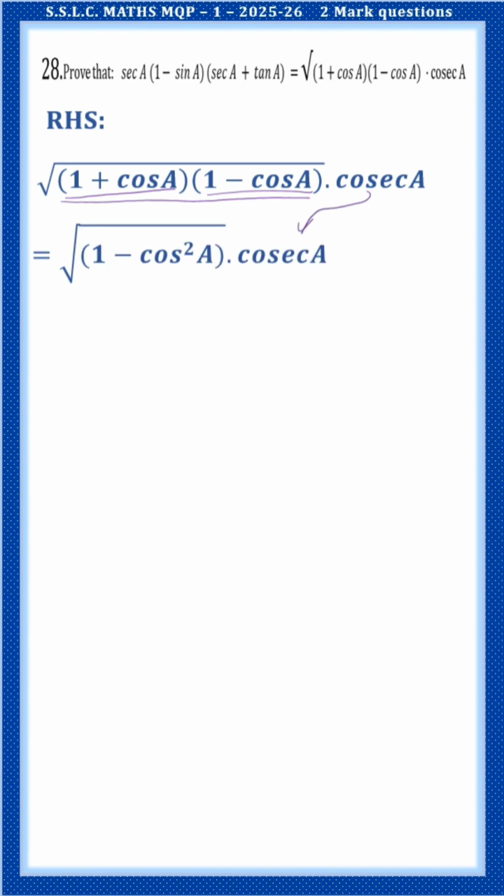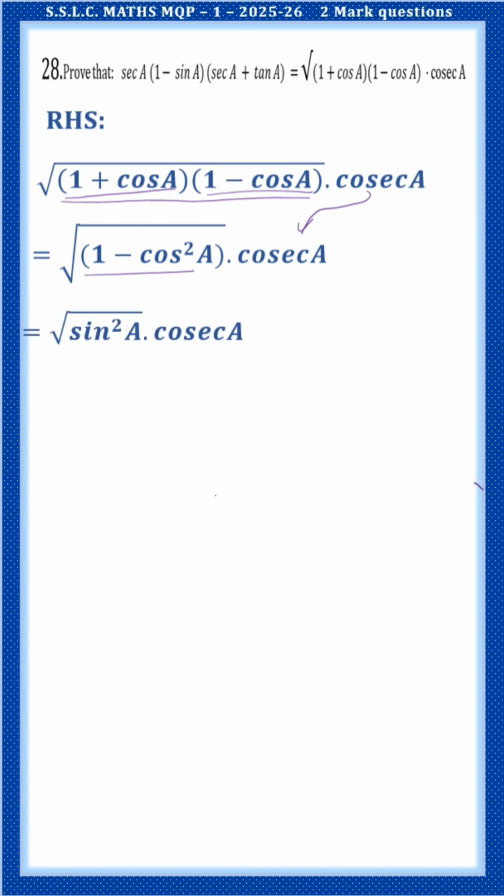1 minus cos square A is equal to sin square A, by using the identity sin square A plus cos square A is equal to 1.